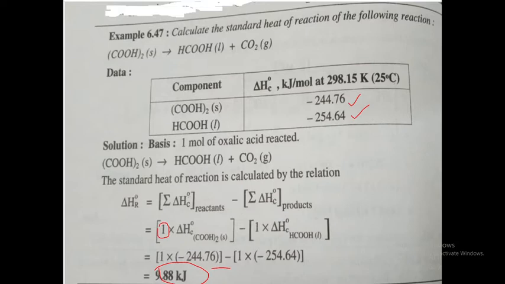If standard heat of combustion values are given in the problem itself, then it is a standard heat of reaction from standard heat of combustion problem. What is the formula? Delta H R naught is equal to summation of delta H C naught reactant minus summation of delta H C naught product.